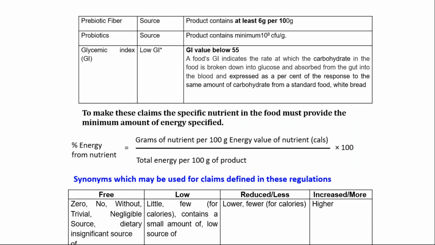So only if the GI value is below 55 can they be called low GI foods. And FSSAI also tells you how to do the calculations, and it also tells you words which can be used as alternates to free, low, reduced, less, increased, or more.